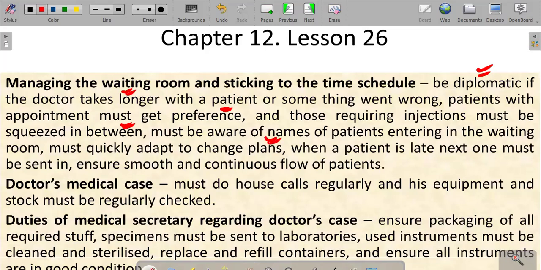When a patient is late, the next one must be sent in to avoid delays, so that the doctor can be able to see as many patients as possible.